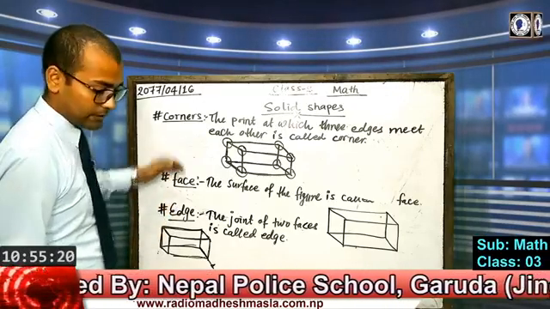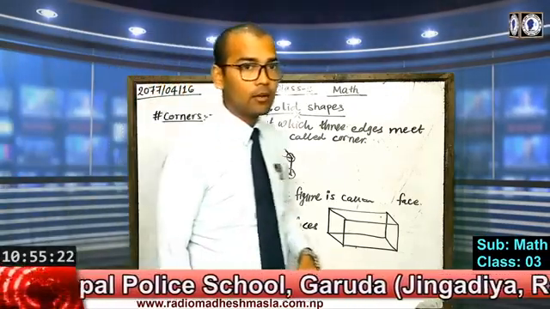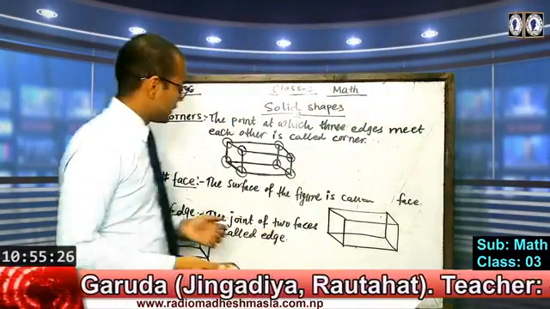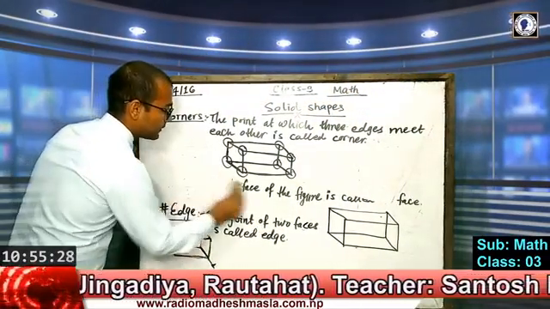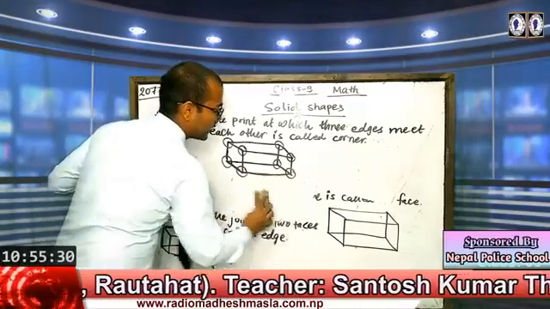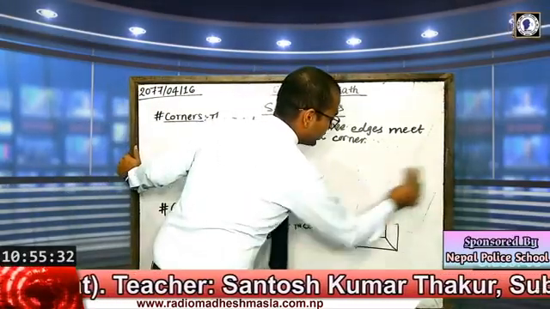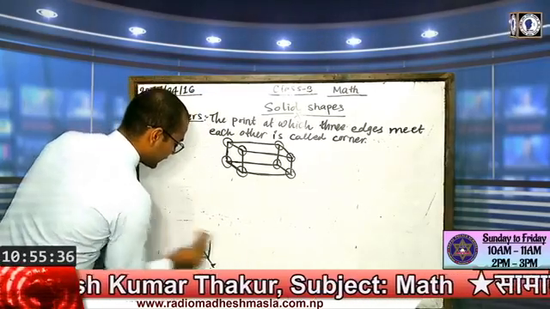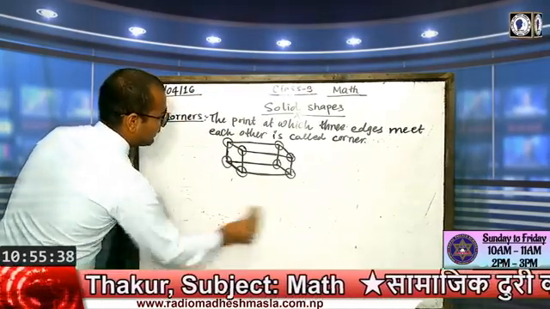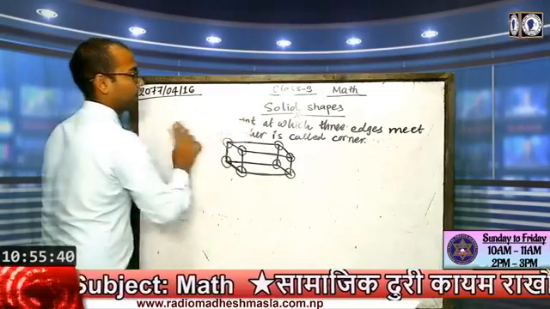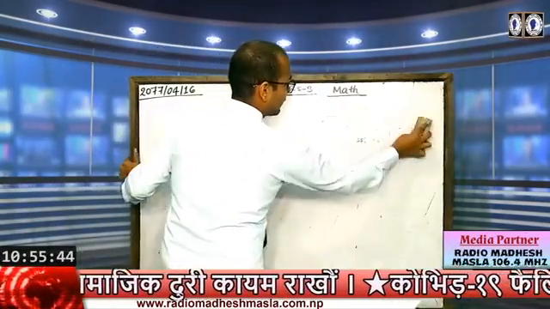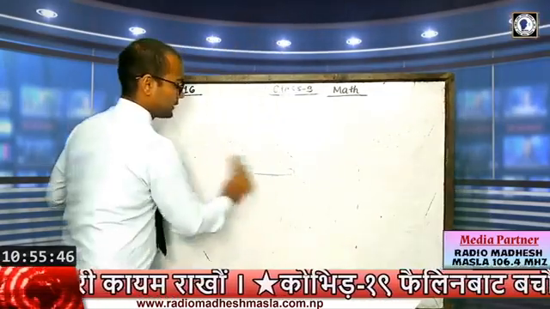So after this, we have the number of faces, edges and corners that we need to know about the different solid shapes. Here we have different numbers of corners, edges and faces of different shapes.